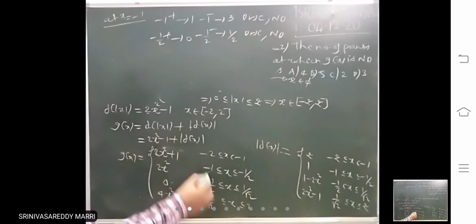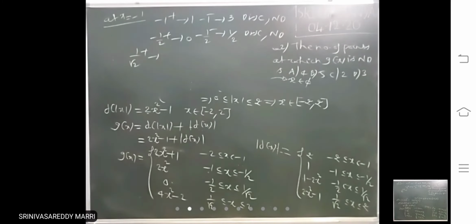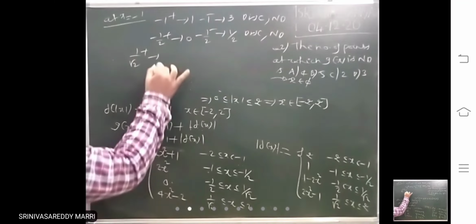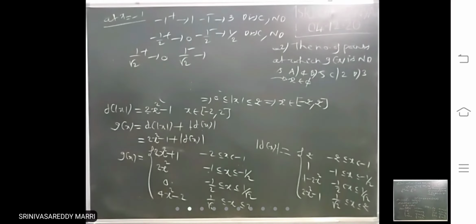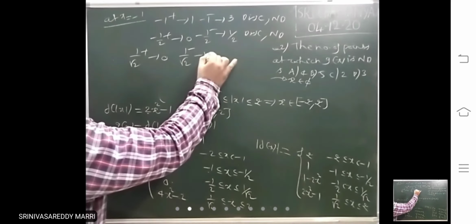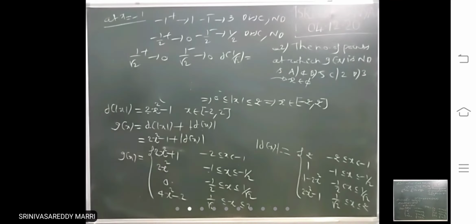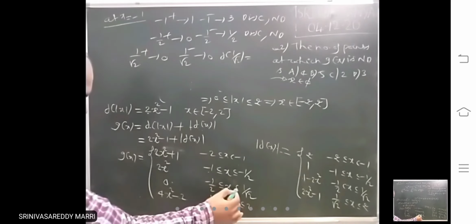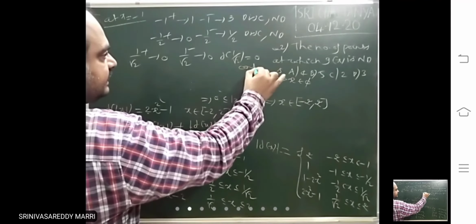Next, where it is changing, 1 by root 2. At 1 by root 2 plus, 4 into 1 by 2 minus 2, 0. At 1 by root 2 minus, the left limit is 0, and g of 1 by root 2 equals 0.